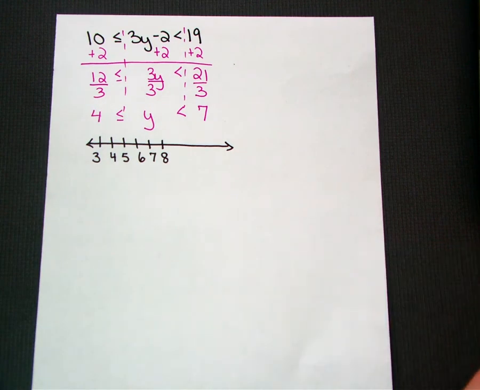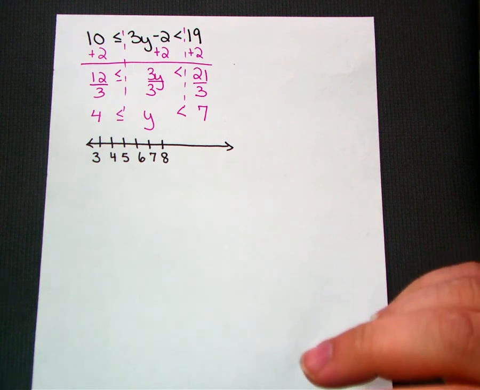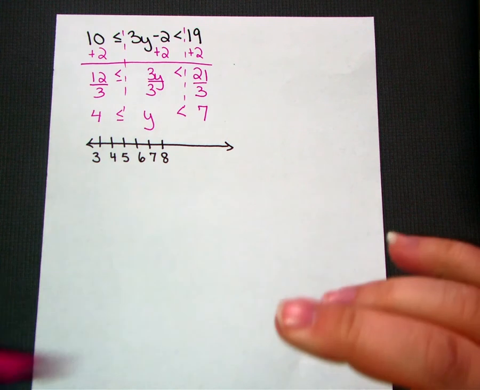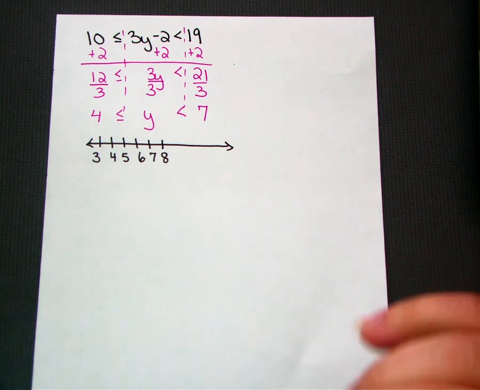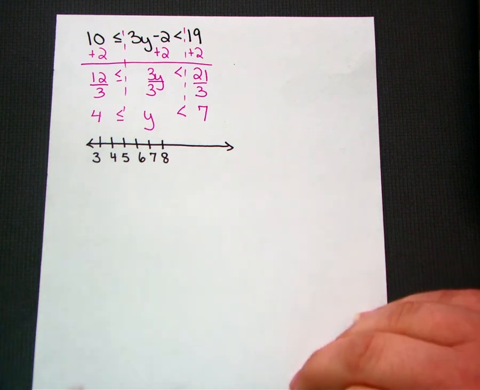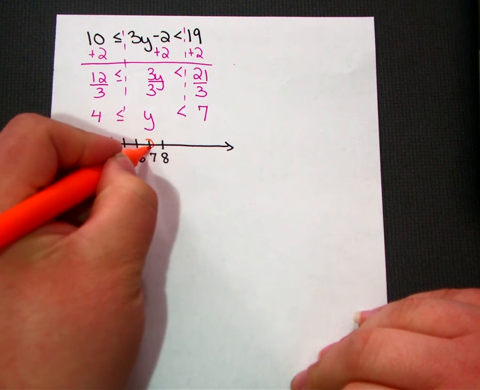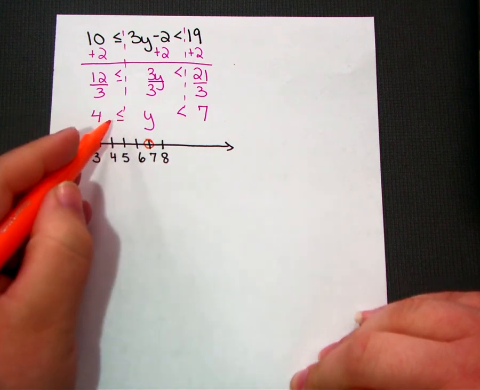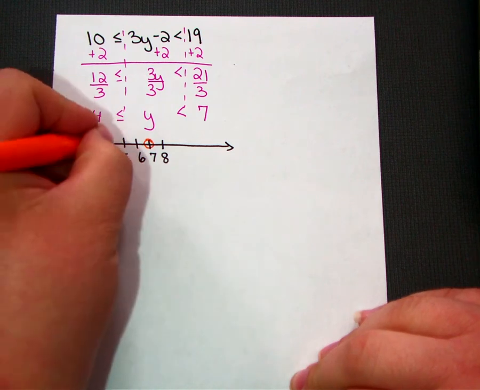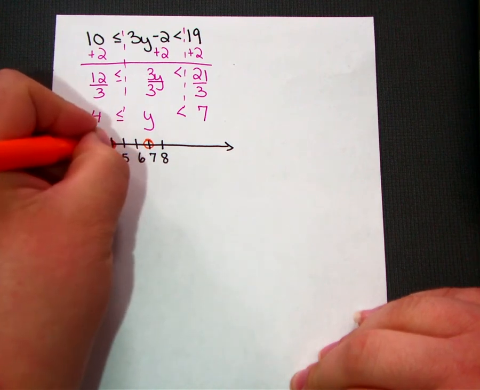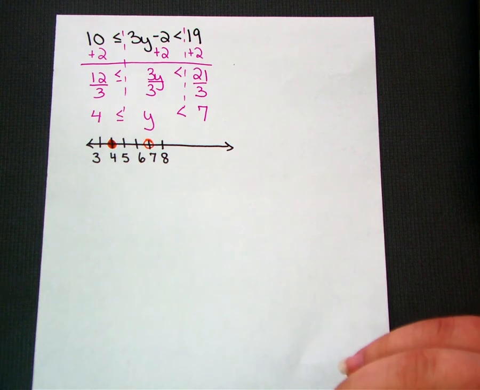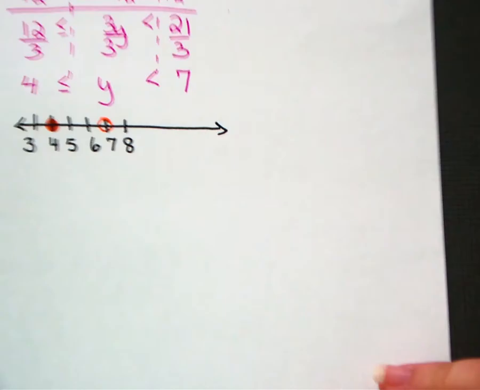Graphing this inequality is going to work the same way. I'm going to put an open dot on 7 because it's not equal to. And I'm going to put a closed dot on 4 because it is equal to. Remember, we put it directly on the line, and we should be able to tell whether it's open or closed.